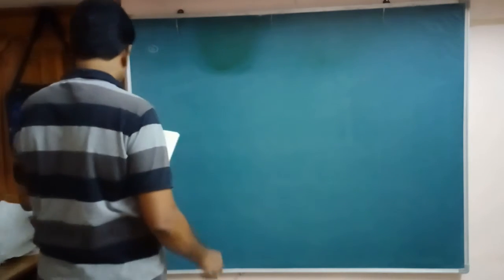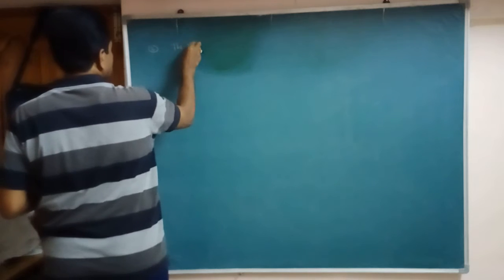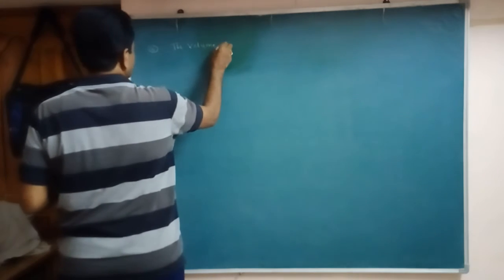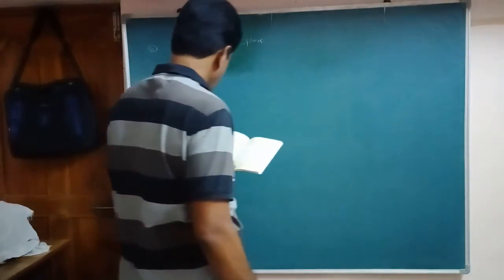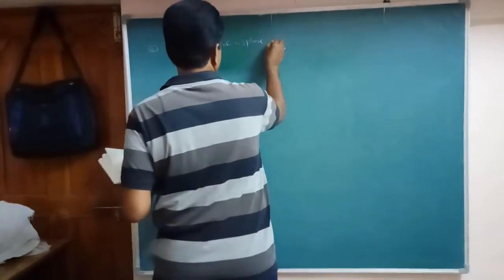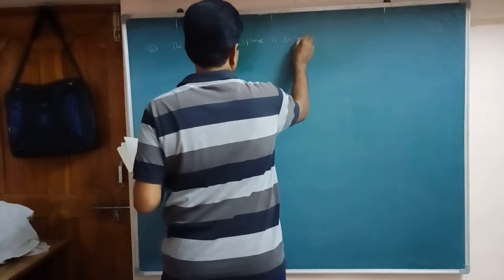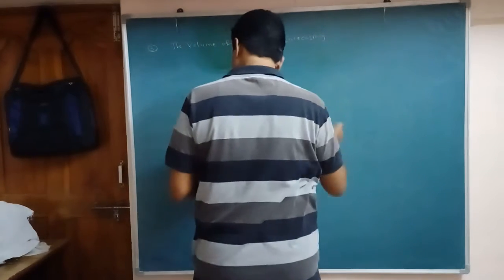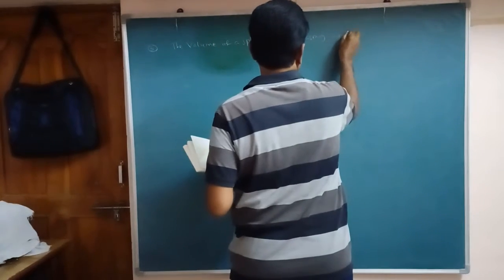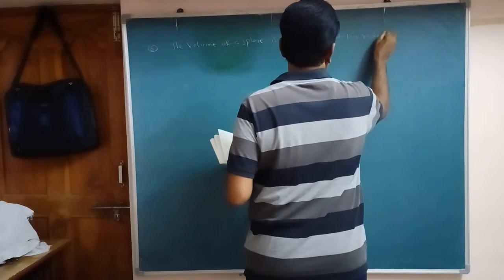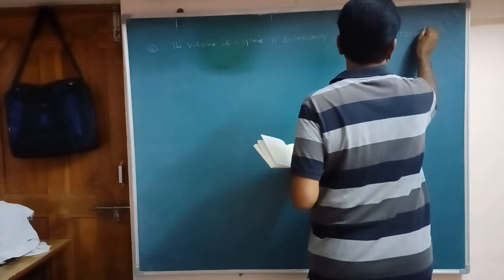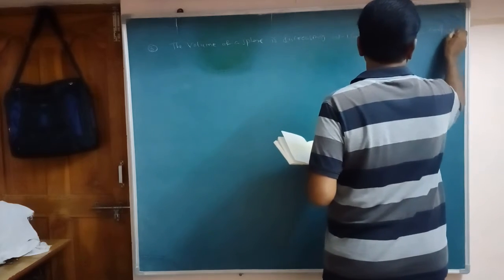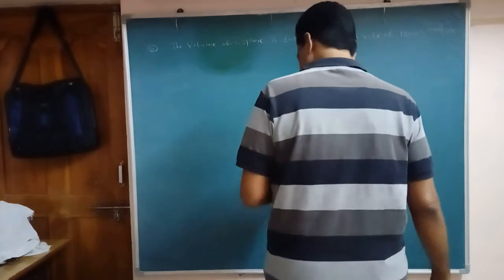The volume of a sphere is increasing at the rate of 1200 cubic centimeters per second.